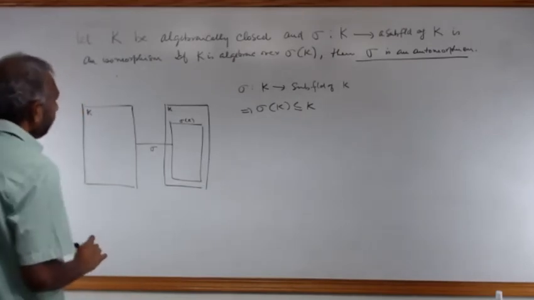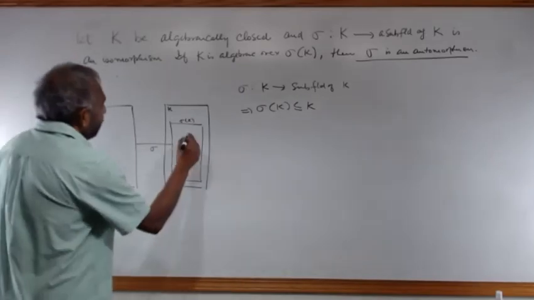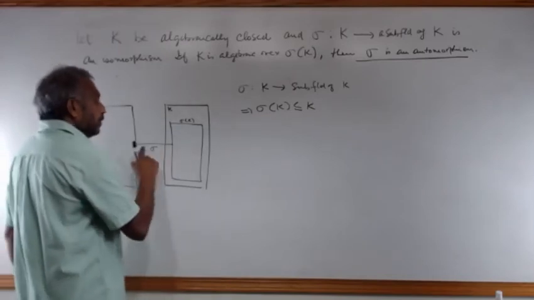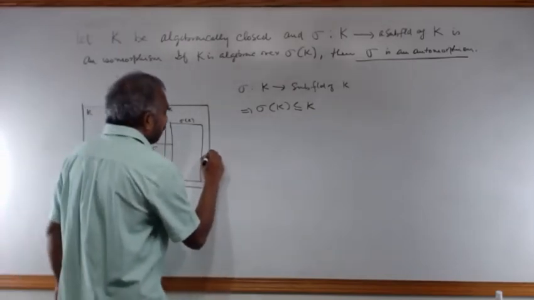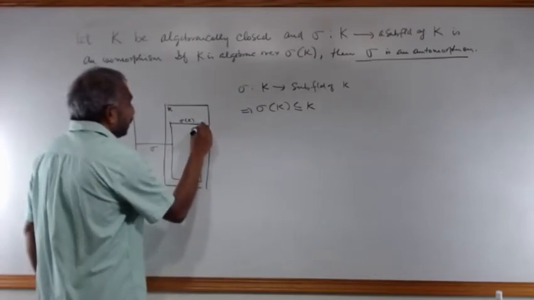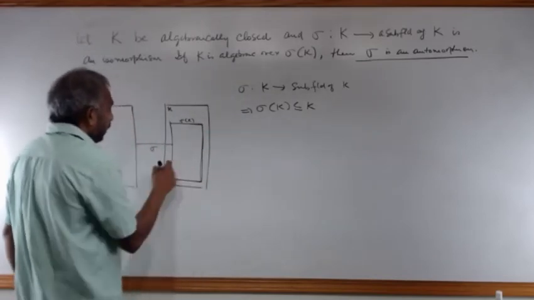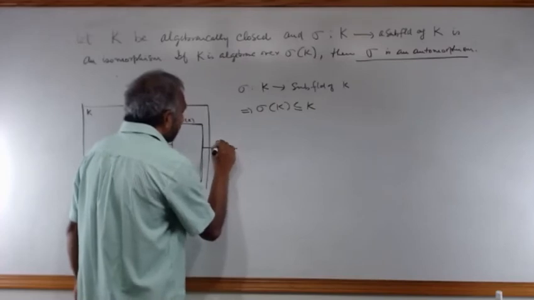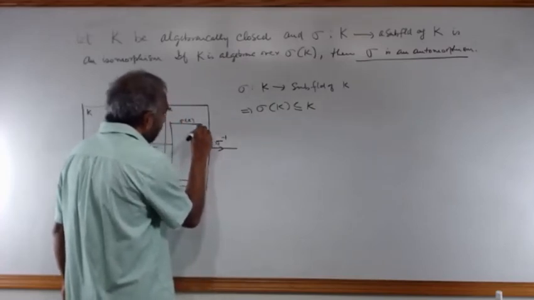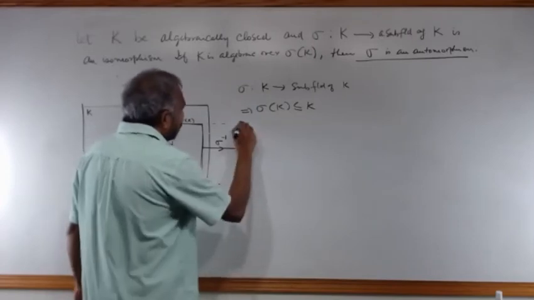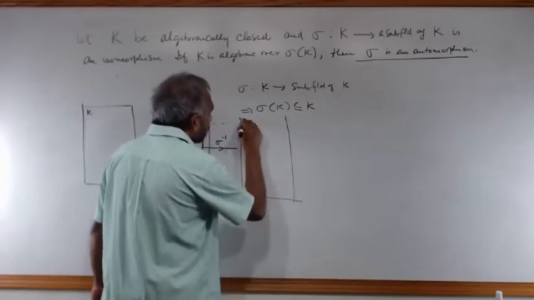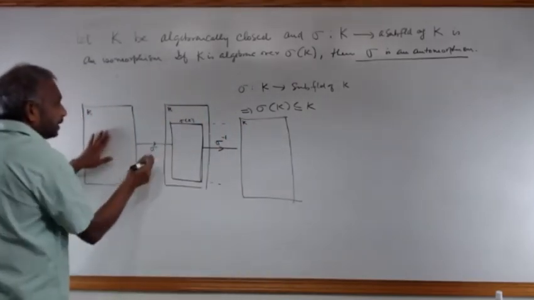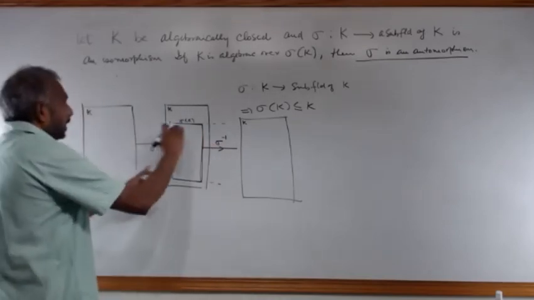So sigma is an isomorphism, so we can talk about an inverse isomorphism. So we are going to see that it is from sigma of K to K. So this is sigma inverse, only from here to K, because this is K. The inverse is going from here to here, and that's exactly what I said.